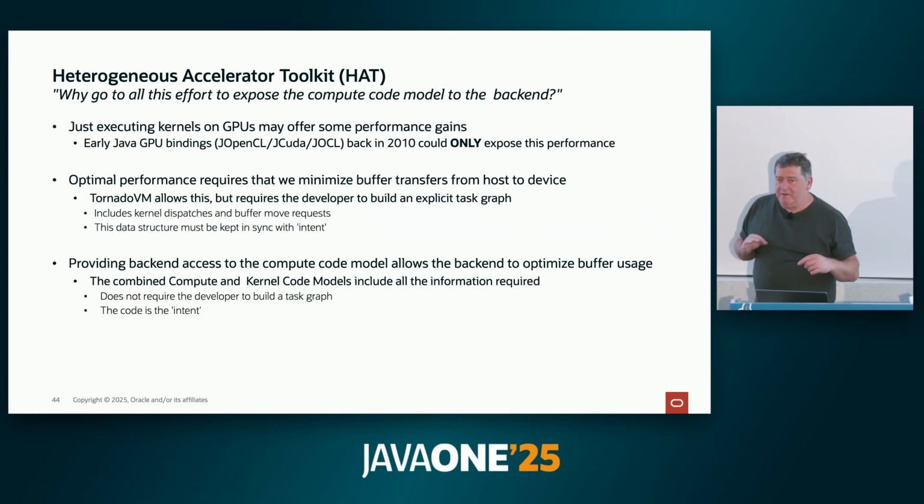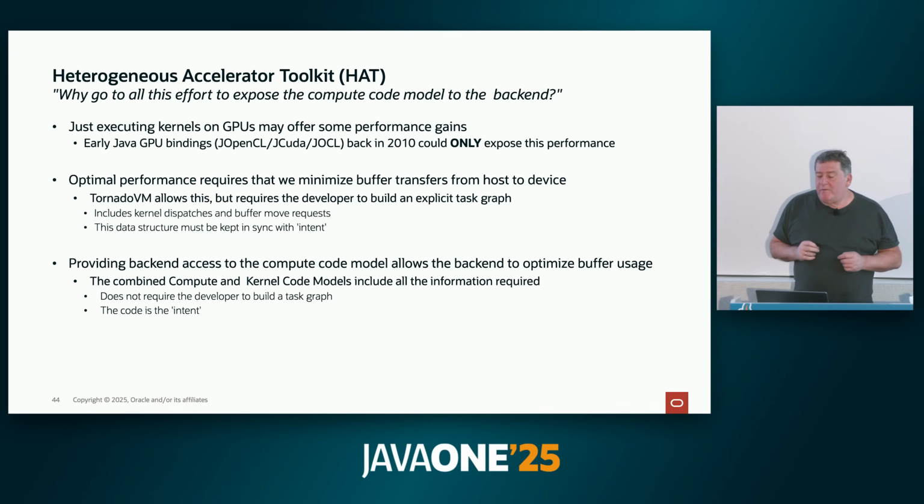But this really answers the question we had earlier on: why are we exposing this compute model? I understand the kernels, I'm going to send them off to the GPUs, and we want them to run fast. But as I mentioned earlier, just being able to execute the GPU kernel is not going to get you peak performance. It'll get you some performance, but it won't get you peak performance.